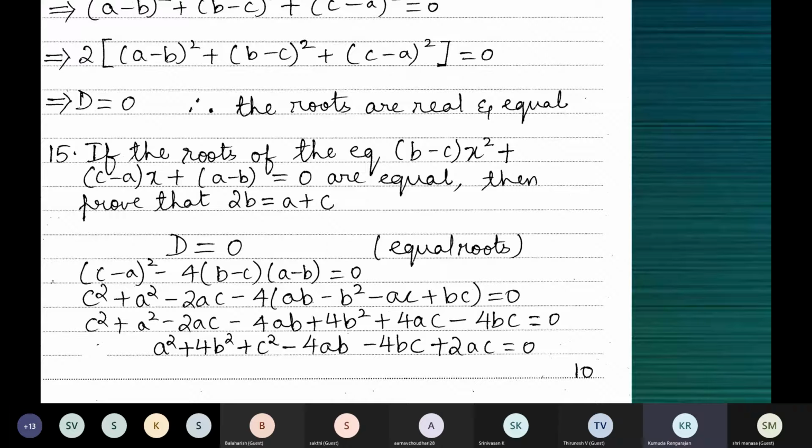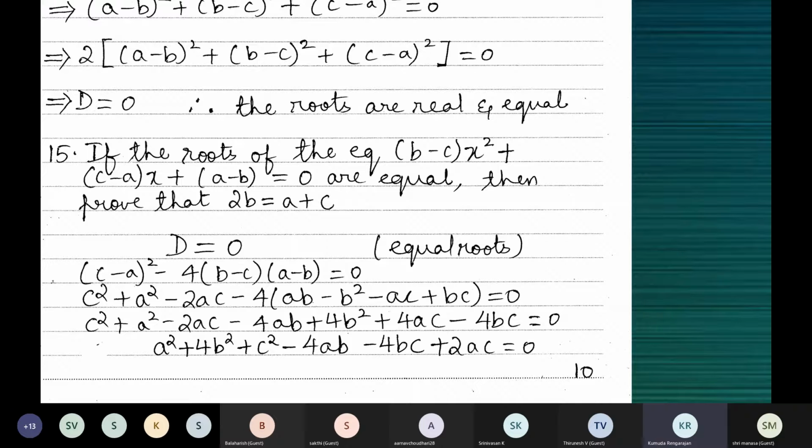B minus c. Coefficient of x? C minus a. And the constant? A minus b. Okay. So this is the quadratic equation given to us in the standard form.